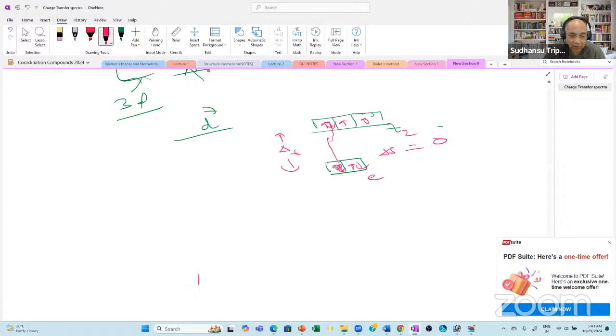Supposing you have a configuration t2g and eg, so it has to flip. How? Tell me which configuration it has to flip. Supposing here, there is nothing here.